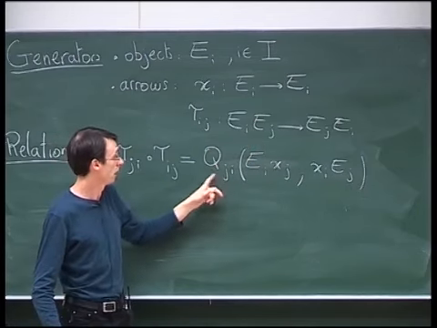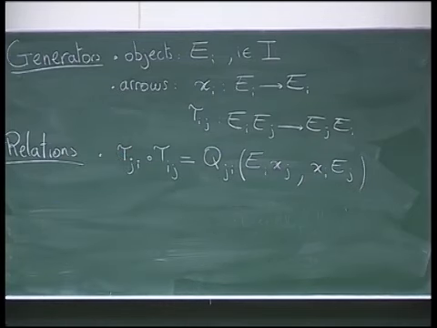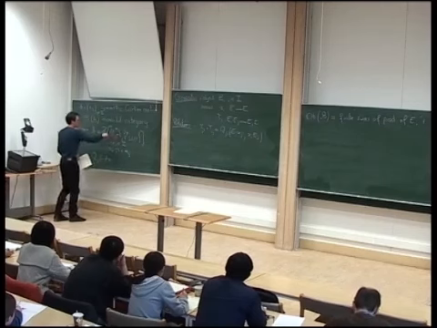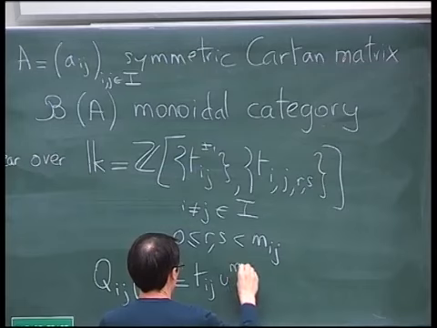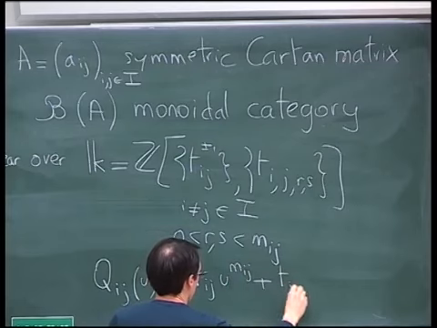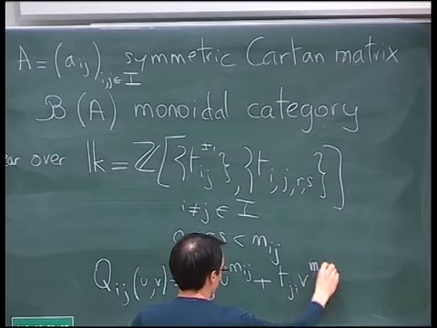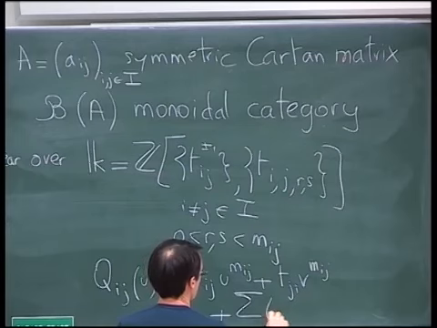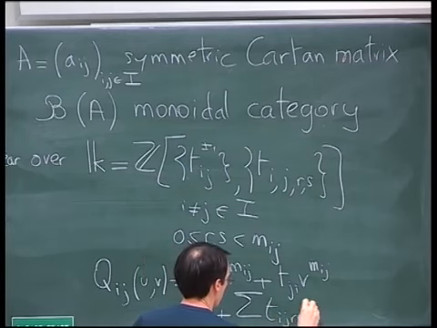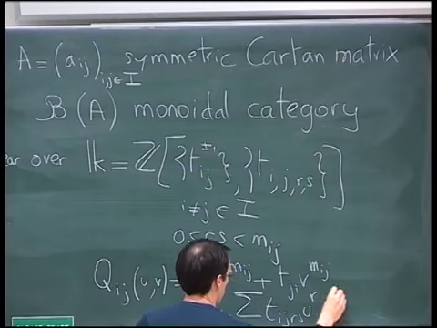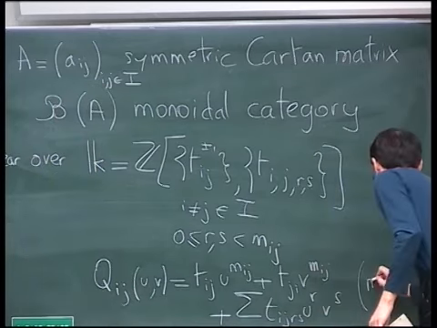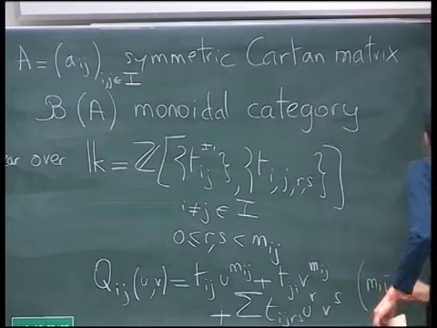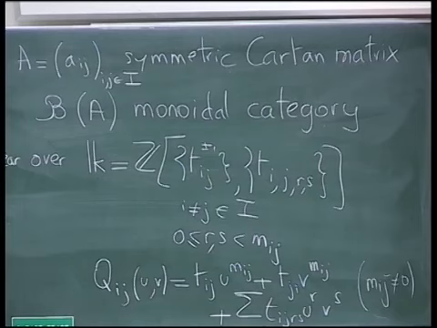And so I probably should recall that Q_ij is a polynomial in two variables, which involves those indeterminates, and it's t_ij u to the m_ij plus t_ji v to the m_ij plus a sum of t_ij,rs u to the r v to the s, at least when m_ij is non-zero. So that's the first relation.